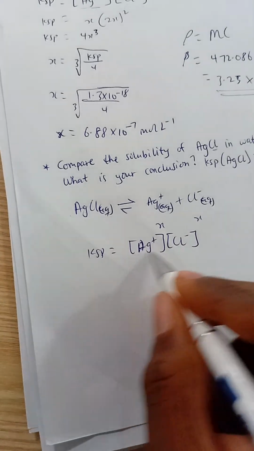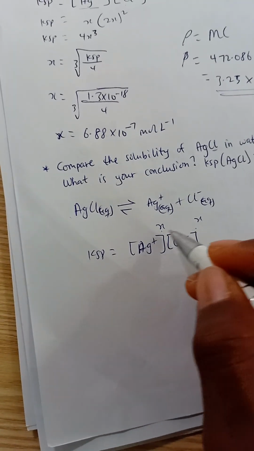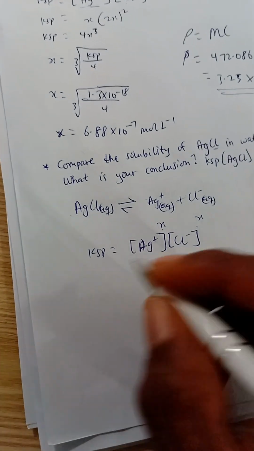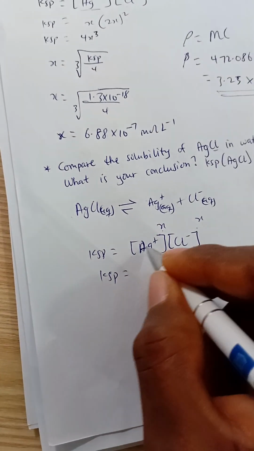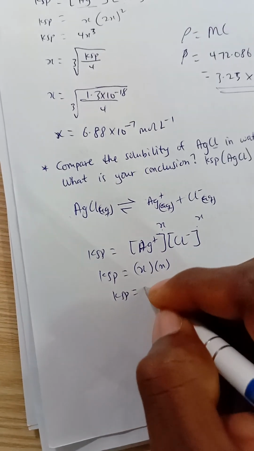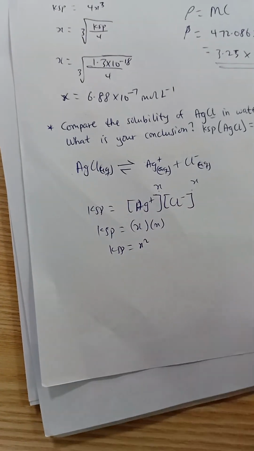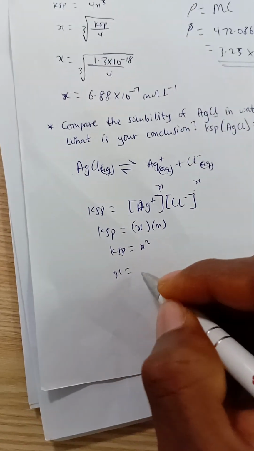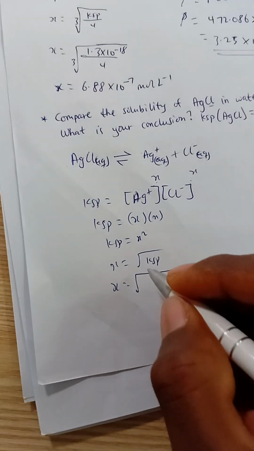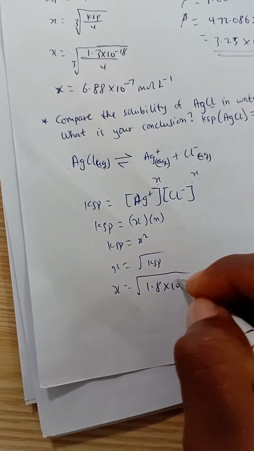Bring the expression, raised to the power of its coefficient, which is 1, 1. This step will be marked. Marks will be awarded for this step. So x, so we are going to get Ksp to be x squared. And we know the Ksp, so we can find x to be the square root of the Ksp. So root of 1.8 by 10 to the power minus 10.